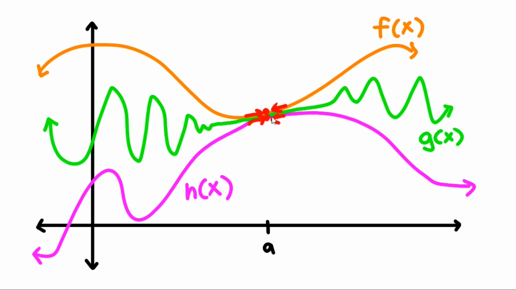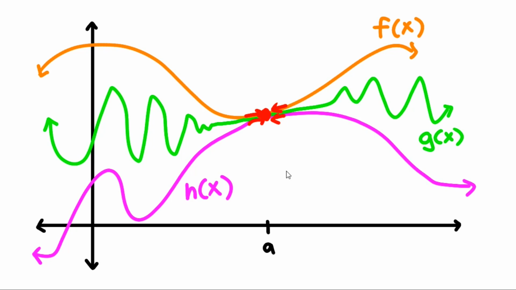And if these two are equal, then it follows that the limit for g of x, even though we don't know the function g of x, even though we don't know its limit and we can't obtain it, we can immediately determine its limit by squeeze theorem.